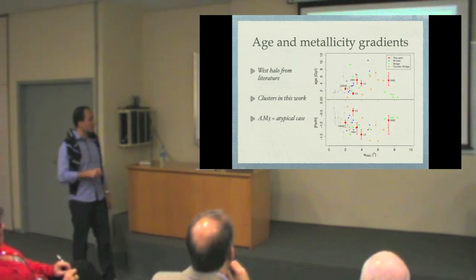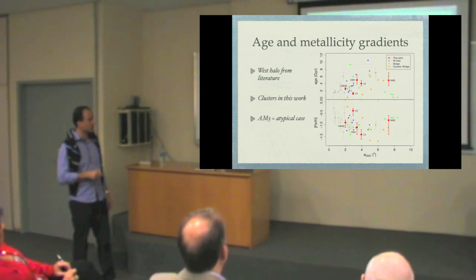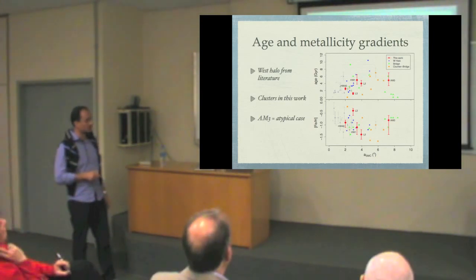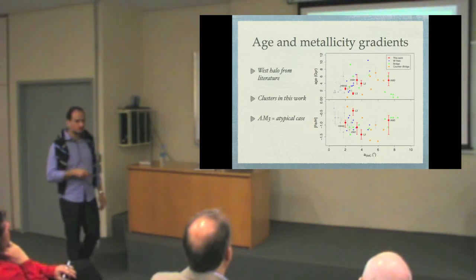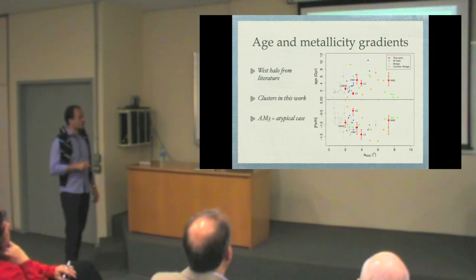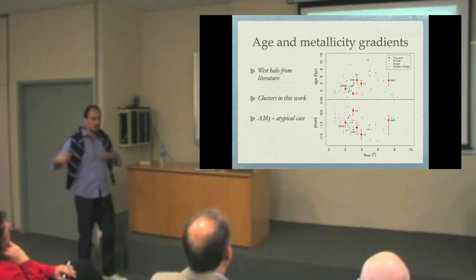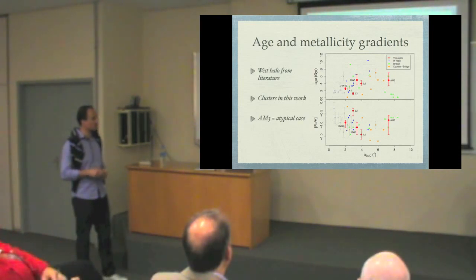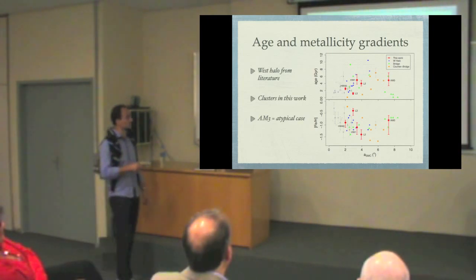And I show here, I highlight the blue points together with the red points here that were observed by us. Here we can clearly see that there is a gradient in age. For metallicity, it's not so clear, but it seems to have a trend. And this is consistent with a stripping of star clusters from the center, because you can see that the farther the cluster is, the older the cluster is.